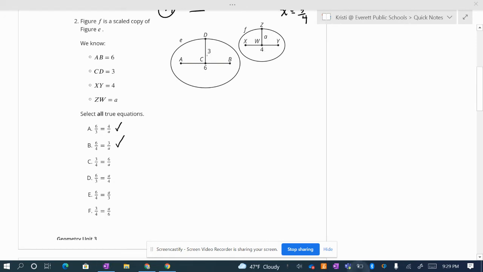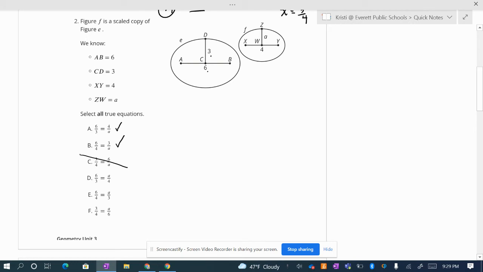Now they're trying to tell me that 3 relates to 4. Okay, those are not corresponding parts, and they're different parts. 3 is to 4 as 6 is to A. Absolutely not. No, that does not make any sense. Okay, how about, let's try this guy.